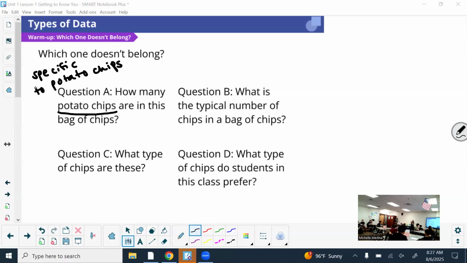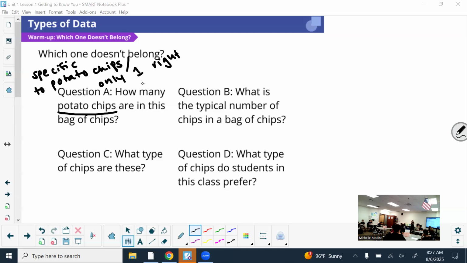Because she's a student too. You can't say a different number. There's only 18 students in here. There's only one right answer. If I'm talking about a specific bag of chips, there's only one right answer. So there could be multiple reasons. Here's two reasons why A does not belong.